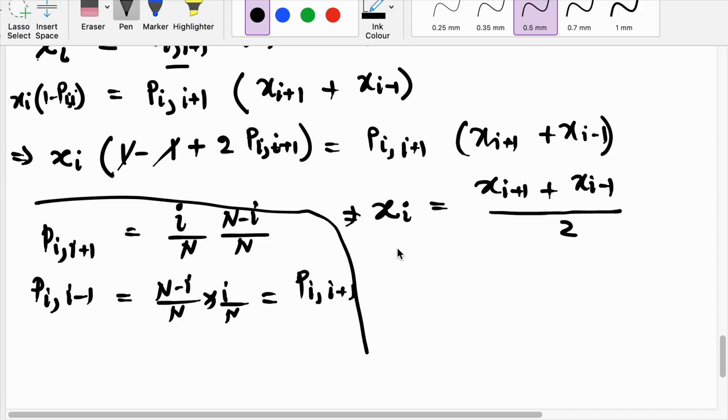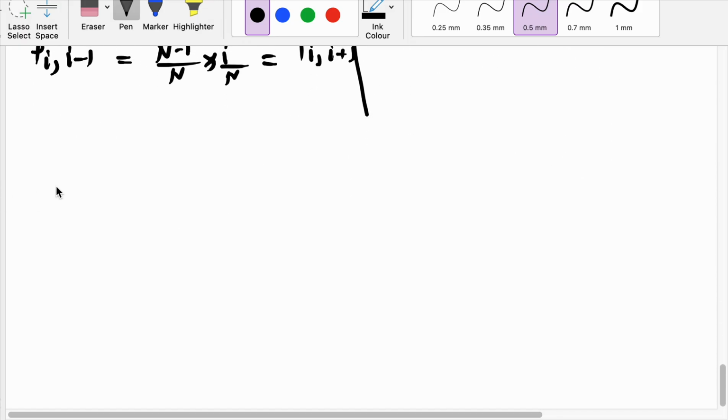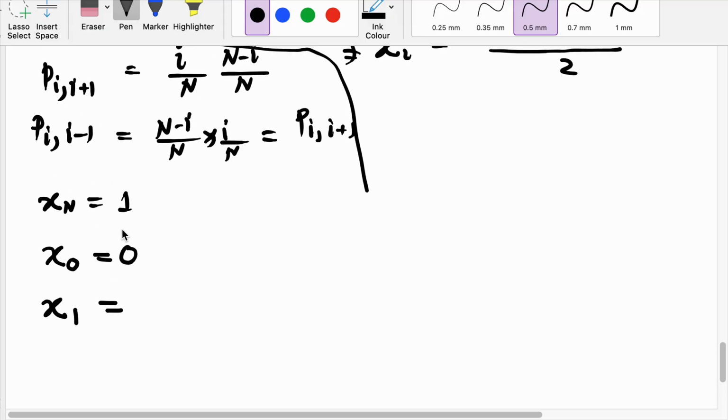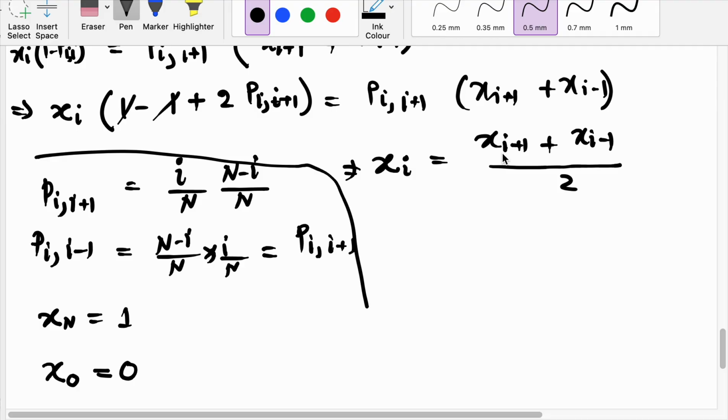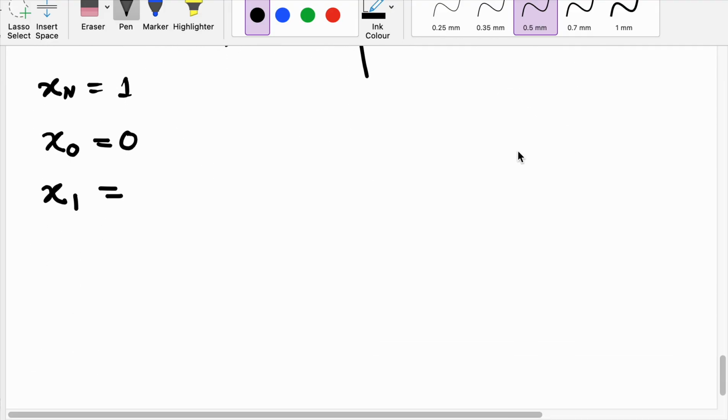Yes, we could. Let us see that, because we know the value of x0. This is 0, and we know the value of xn is 1. So let us calculate the value of x1. That will be x_i plus 1, that means x2, plus x_i minus 1, that will be 0, by 2.